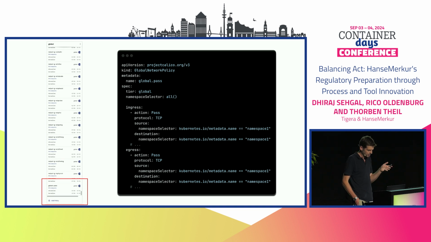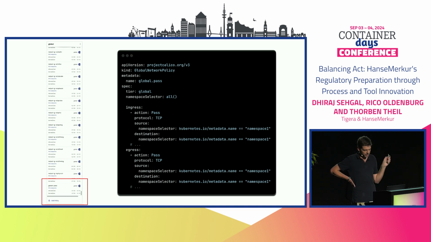When the development team decides to manage their own network policies, then they need to add 2 blocks here, one in the ingress block and one in the egress block. What this means is everything from namespace 1 to namespace 1, which is basically only the intra-namespace traffic, is passed to the next tier, to the workload tier, nothing more. Not an allow, no deny, just a pass.